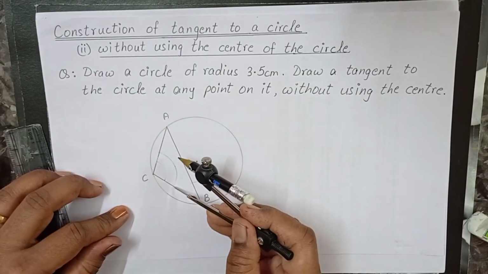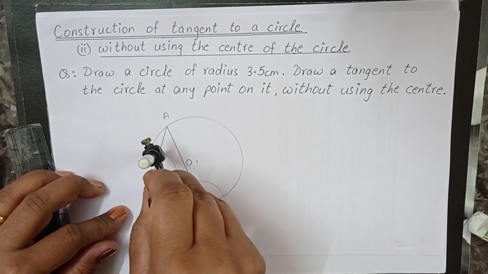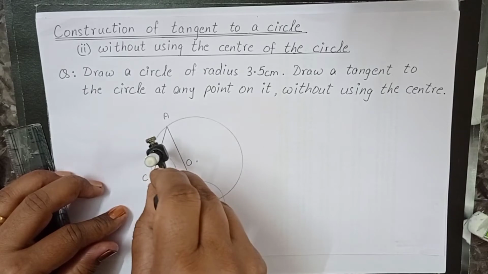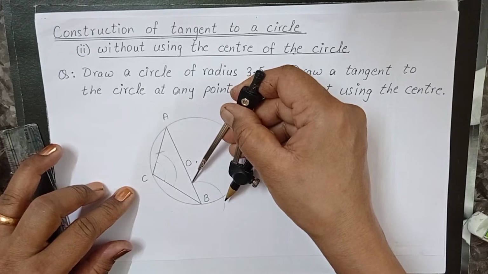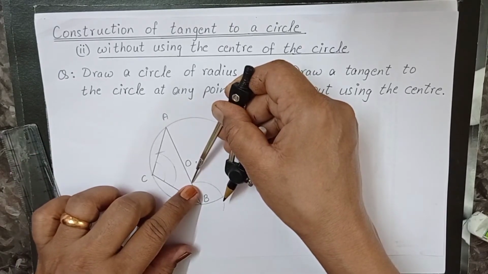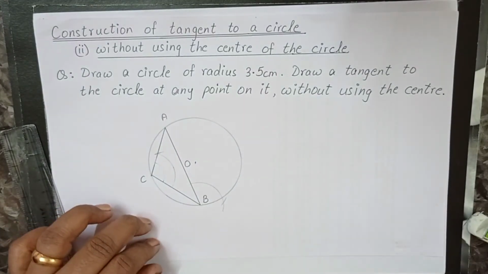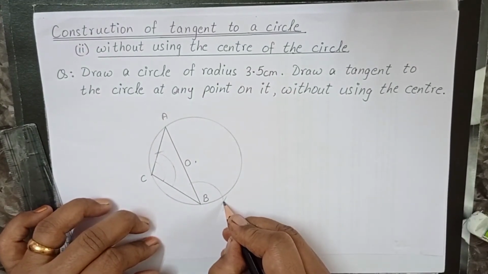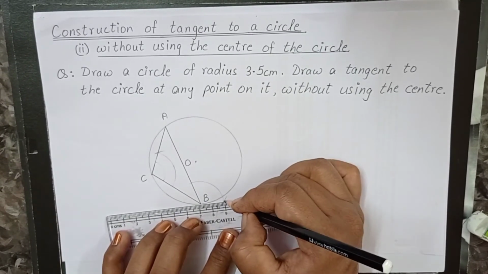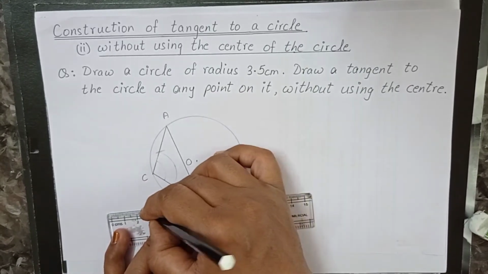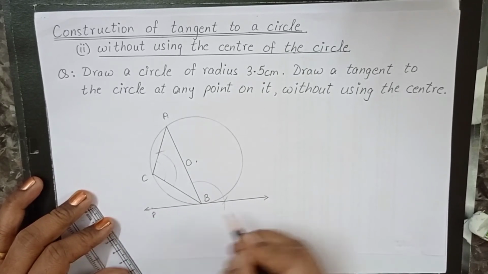Let us see how much this arc is opening. It is opening this much. So same measurement, you have to make a cut from this point where the arc is intersecting the chord to the other end of the arc. So this is the point. So now simply you have to join this point of contact to this point B. So when you join, you get the tangent, suppose PQ.